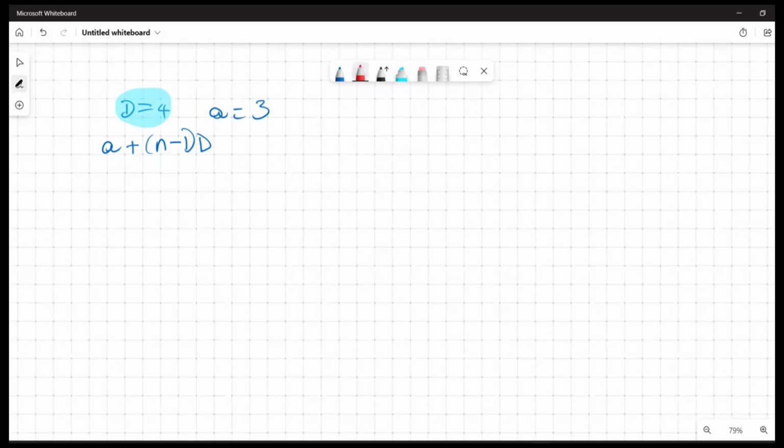For example, A is 3 plus N minus 1, and D is 4. So as you could see, A is the first thing, which is number 3 at the top. Common difference between the consecutive terms is 4. Work it out. Distribute the 4 inside, just like that. For example, 3 plus 4N minus 4.